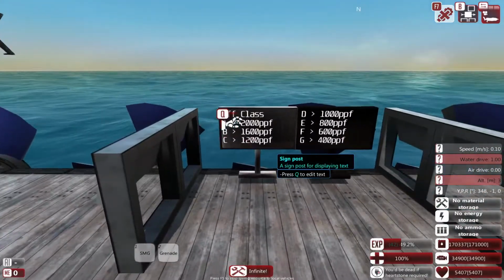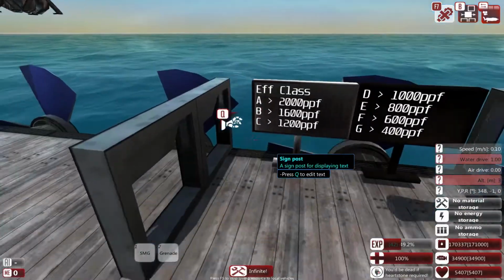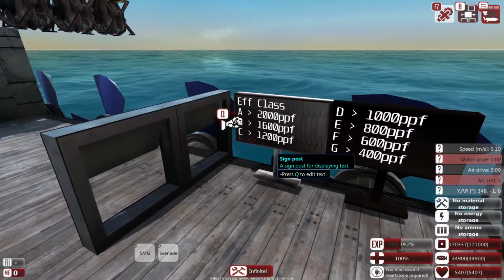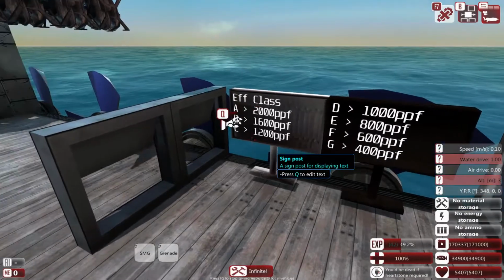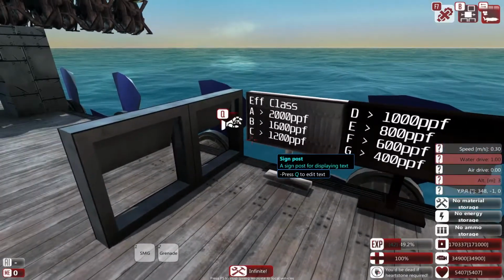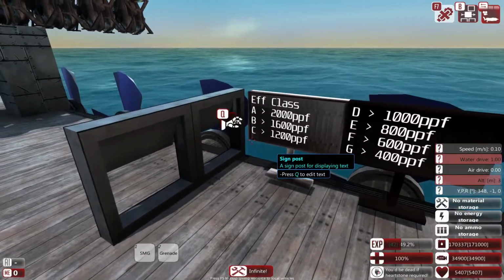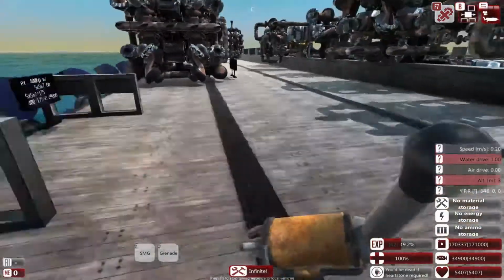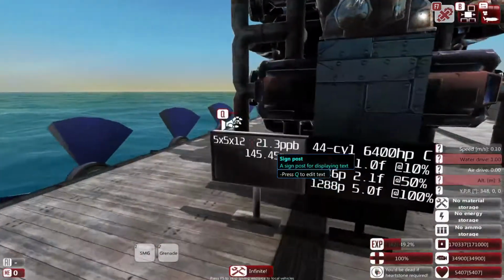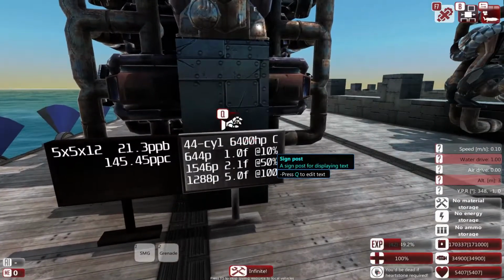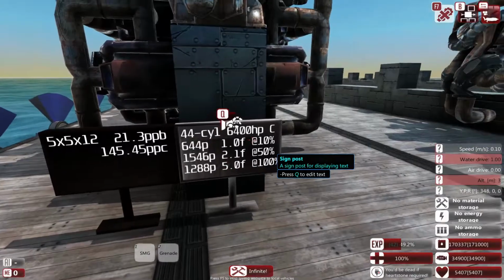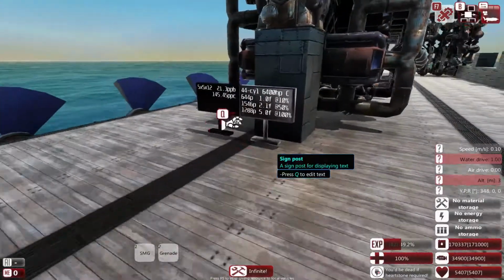And I will get into a point of contention on my efficiency motors, because at 1200 power per fuel, you start using very little power. Here is an example of a 6400 horsepower motor that uses 5 fuel a second, but it has a C-class rating.